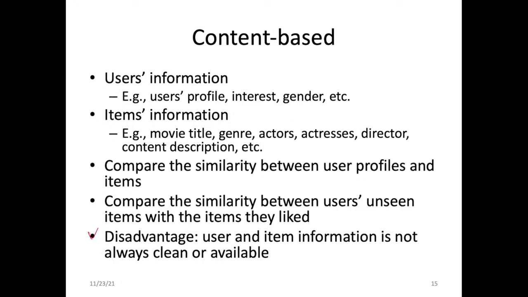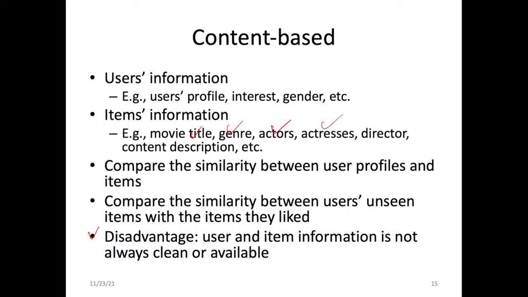So the disadvantage is that sometimes the user information and item information may not be available. For example, you might not know whether this user is male or female. You might not know his age. You might not know his background. Likewise, for the items, in certain cases, item description may not always be available. For example, for movies, you might have title, genre, actor, actress, this kind of information.